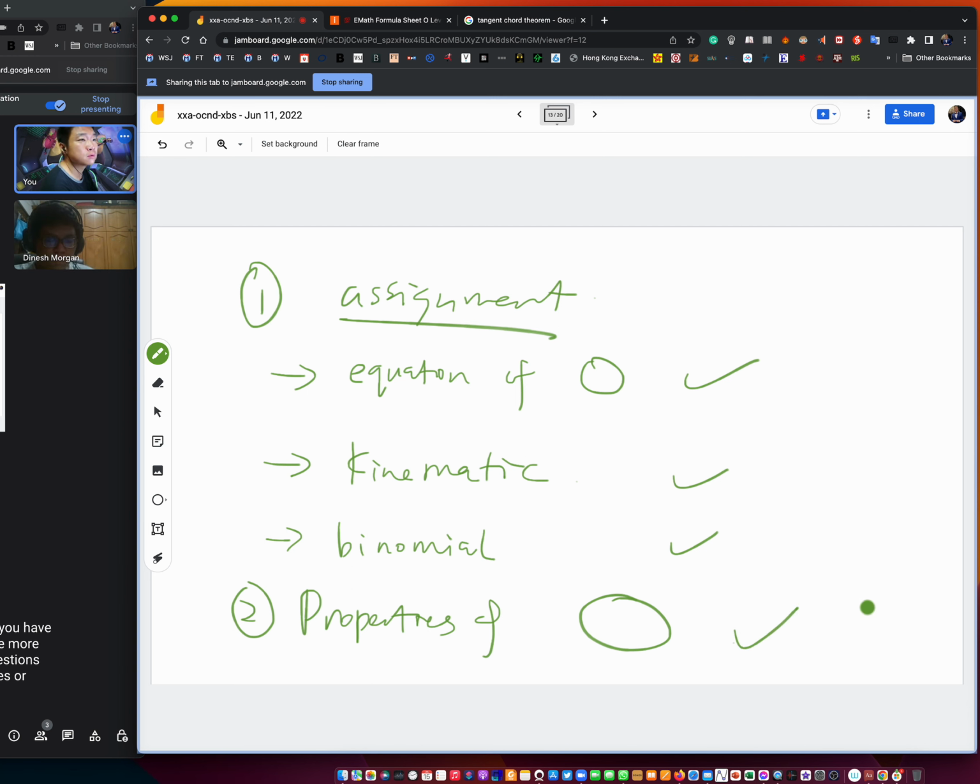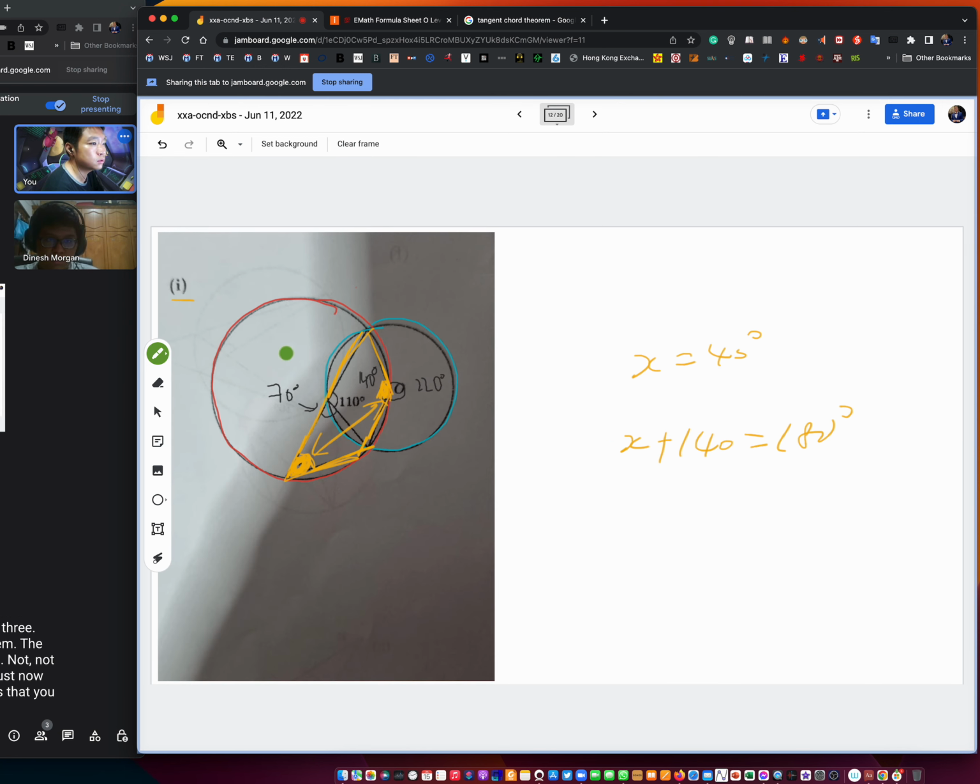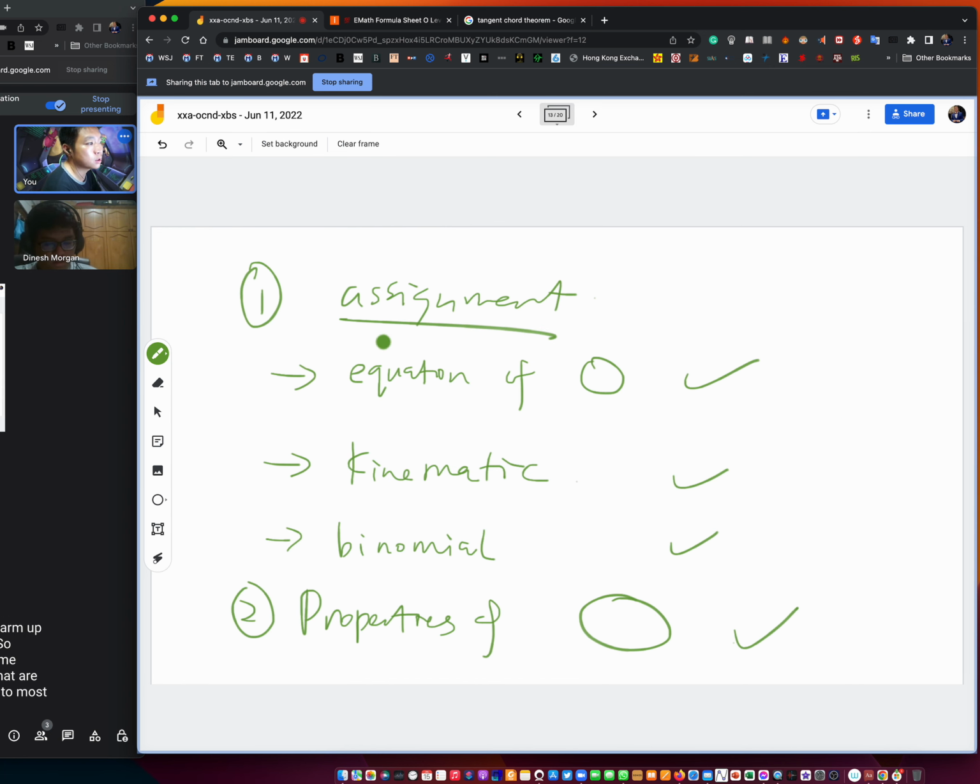So can I ask you to go back and get the materials ready, or you can practice several, like three of the harder ones. Not the ones just now, A to I. They are too simple. It's just for you to warm up your brain. So attempt some questions that are harder. Then tomorrow's lesson plan will be this 1 and 2.